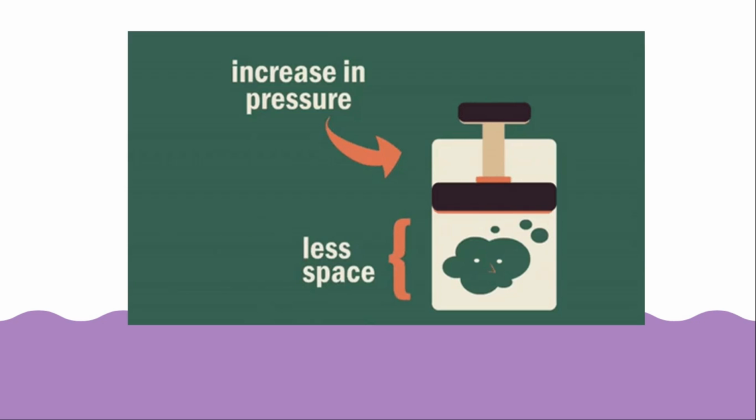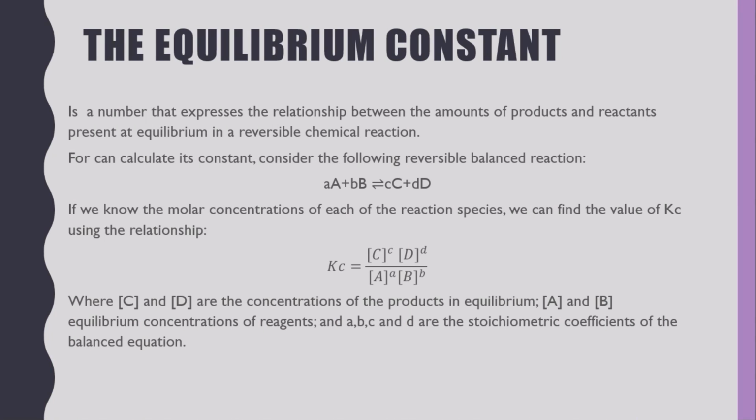The equilibrium constant is a number that expresses the relationship between the amounts of products and reactants present in equilibrium in a reversible chemical reaction.